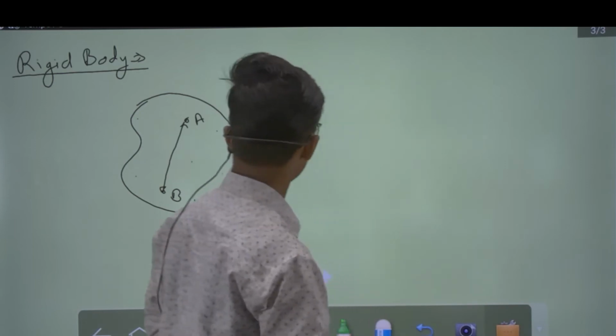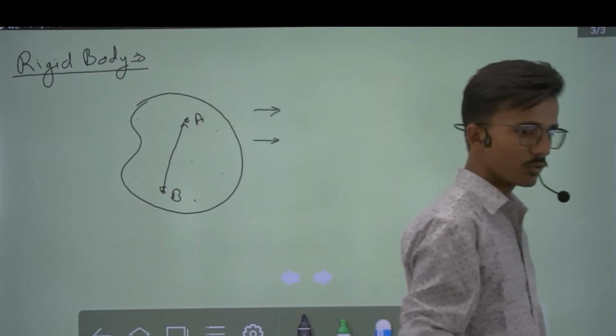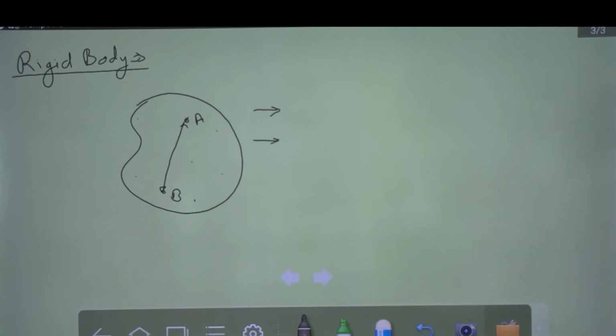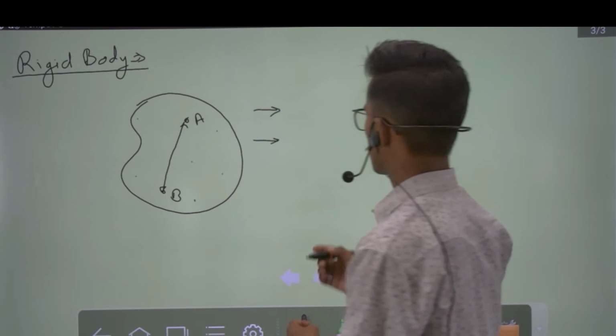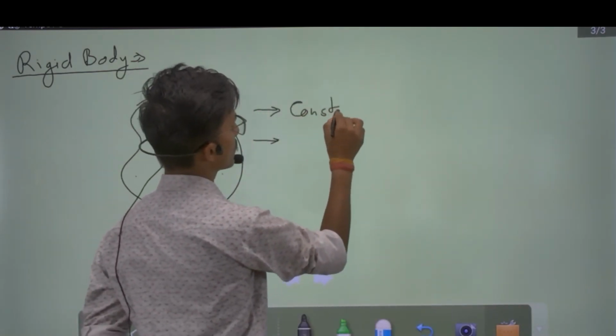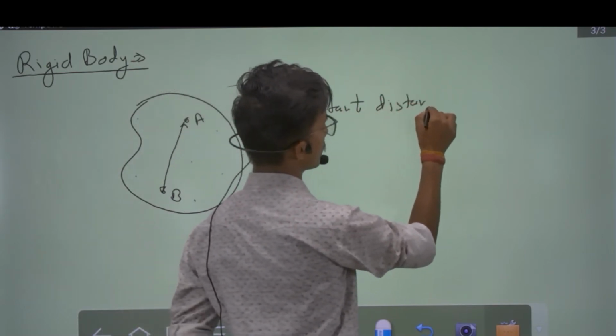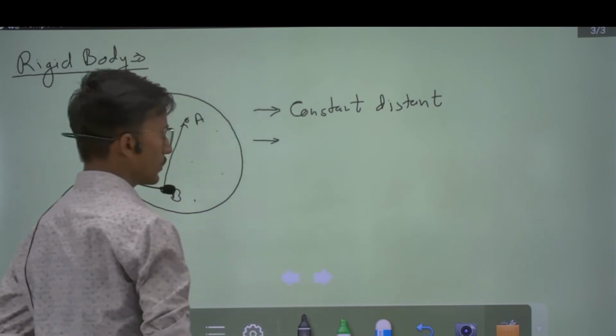Now write down the second point. What is the second point? First, the distance will be constant. What is the second point?